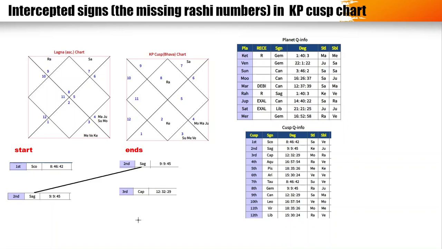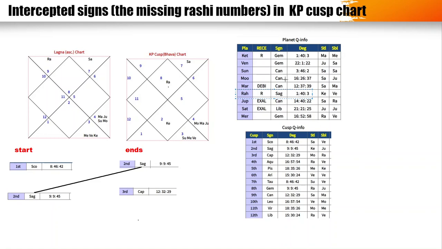the Krishnamurti Paddhati. Now let's look at the position of Rahu, because we find that Rahu over here is appearing in the ascendant cusp, but here it is in the second house. So let's look at the degree of Rahu. Rahu is in Sagittarius 1 degree 40 minutes.